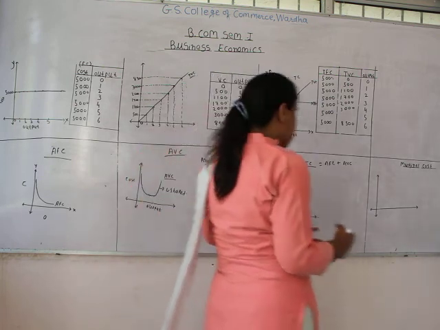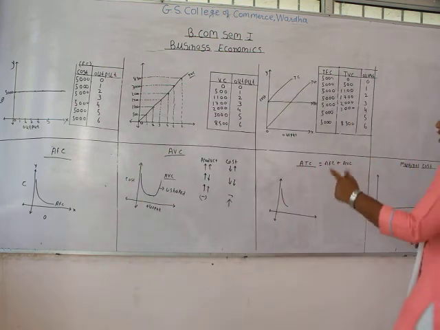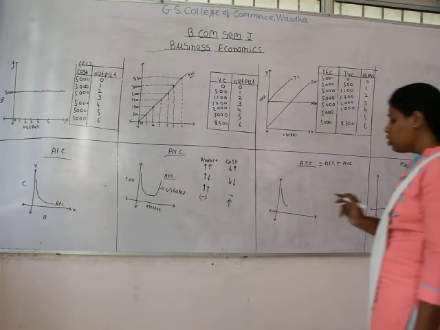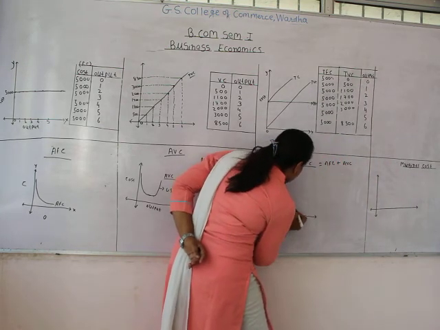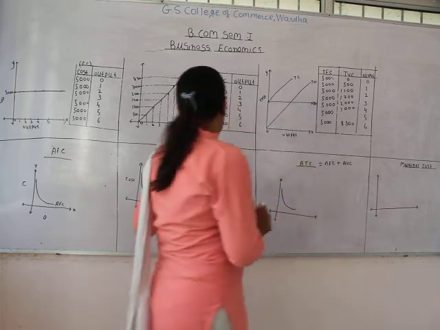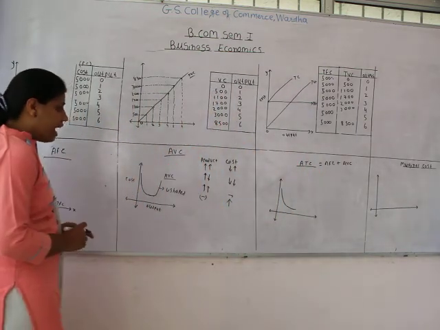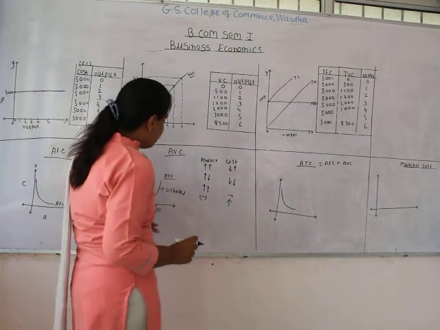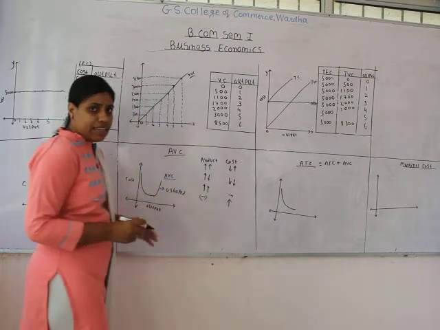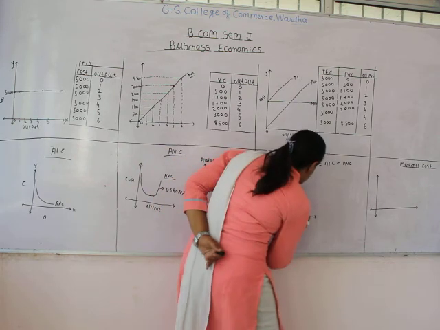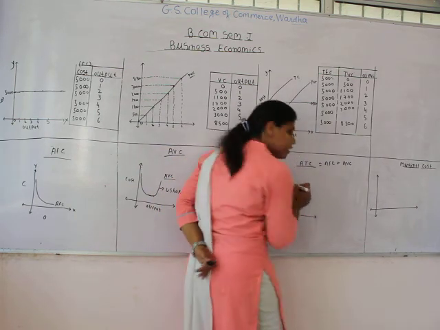After a specific point of time, we see that the average variable cost becomes constant. And after a specific period of time, the average cost starts increasing. Why? Because your output is declining. So here you can see that this curve is also increasing.